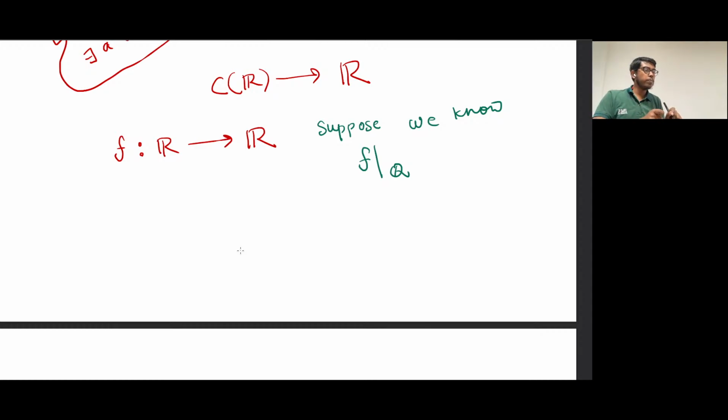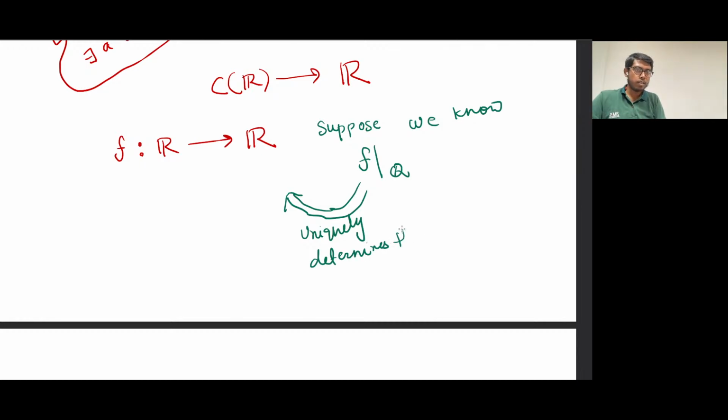If we know the function values at the rationals, this will uniquely determine the function. Because Q is dense in R, and second, f is continuous.